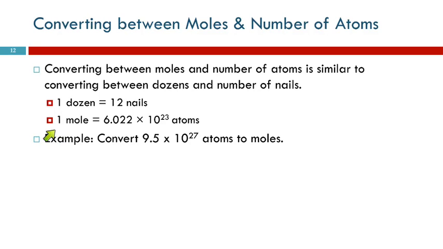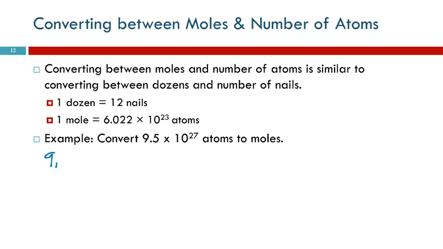1 mole of atoms is equal to this many atoms, just like a dozen nails is equal to 12 nails. So if we have this number of atoms and we want to figure out how many moles of atoms that is, we use this as a conversion factor.